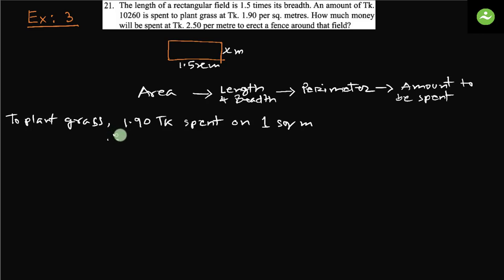Therefore, 1 taka, this is unitary method. First find unit price and then we find the price of big figure. So 1 taka is spent on 1 divided by 1.90 square meter.